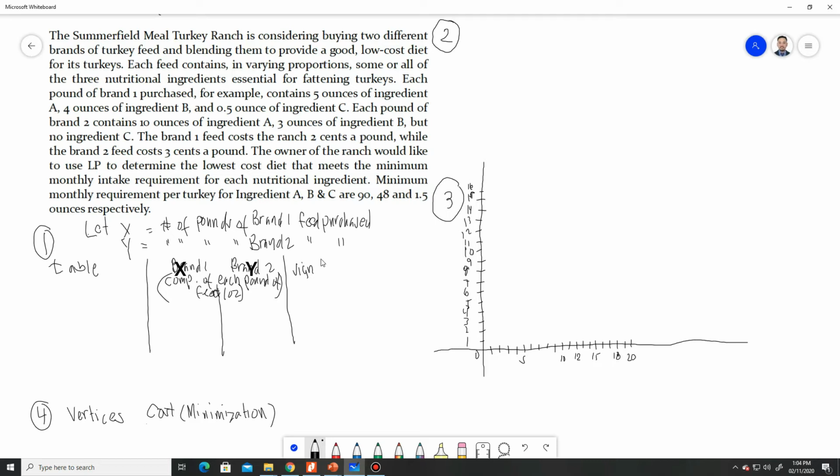And then a column for the sign and its right hand side values.